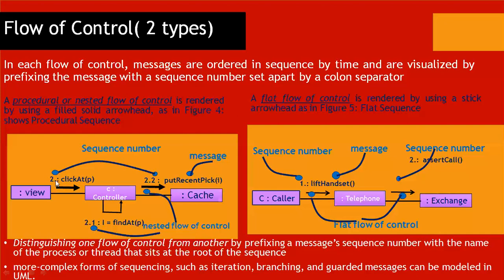In the nested or procedural flow of control, you can see the sequence number as 2, 2.1, 2.2, along with a solid arrowhead, whereas in the flat flow of control, the sequence number will be 1, 2, and the arrow will be a stick arrowhead. More complex forms of sequencing, such as iterations, branching, and guarded messages, can be modeled in the UML.